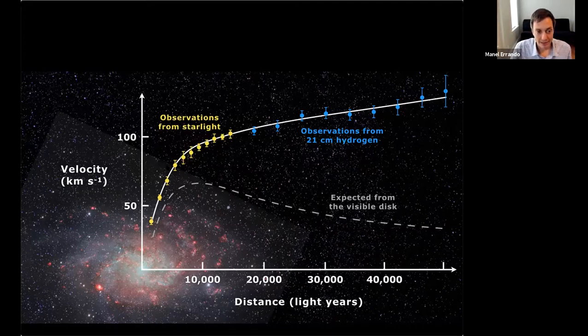So by looking at the curve and seeing how fast these stars are rotating as I move away from the center of the galaxy, I can calculate how much mass there is inside of the circle that this star is making, right?